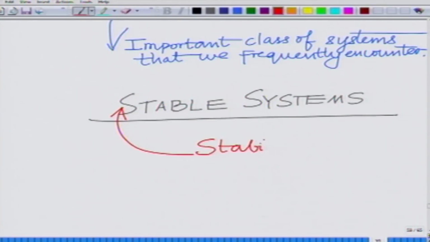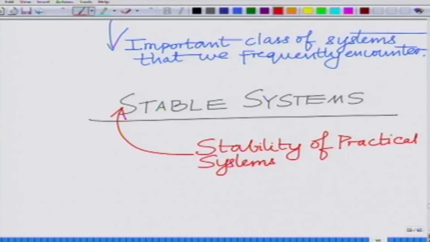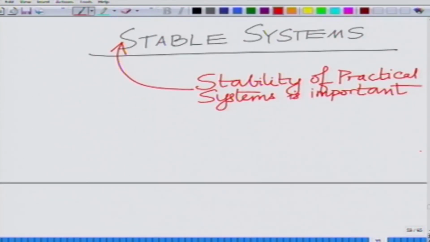So, let us note down: stability of practical systems is important, because in practice we would like to have a system that is stable, not something that is unstable. And a stable system is simply defined as follows.